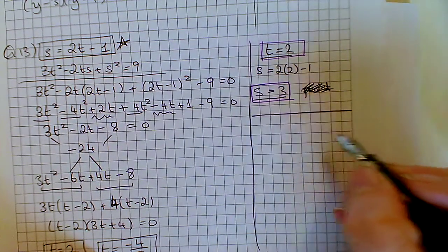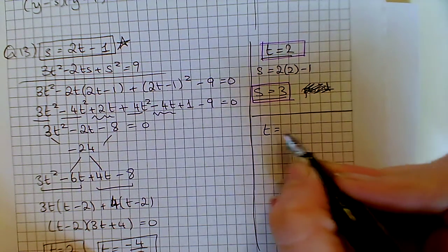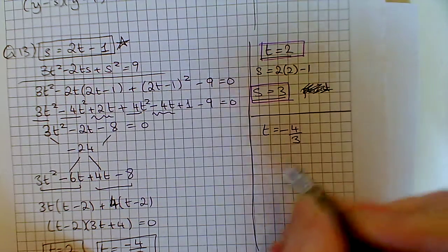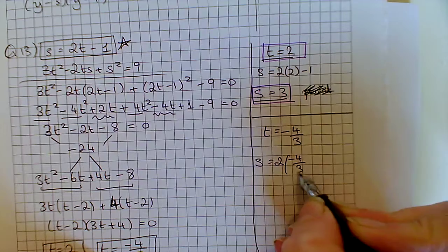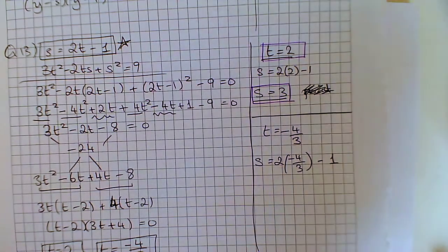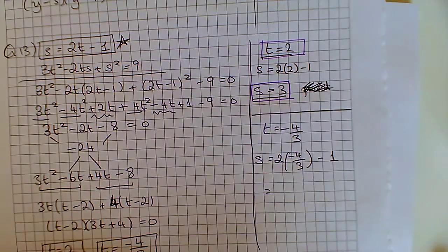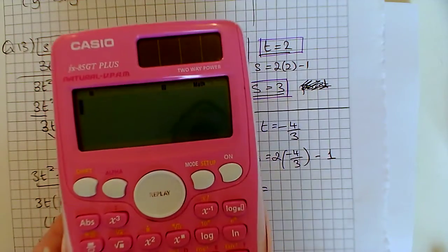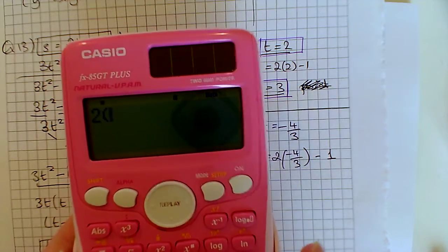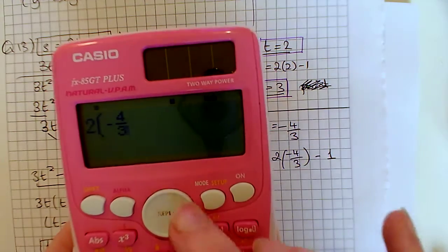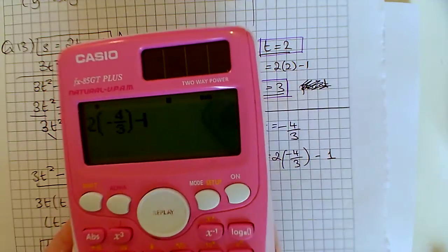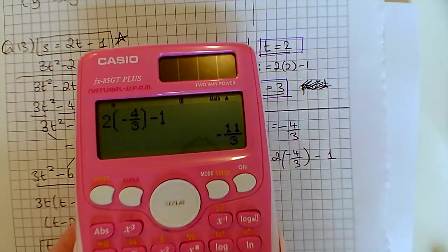And for the second one here, when t is equal to minus 4/3, s is equal to twice that, minus 1. You can just use your calculator for that. It's minus 11/3, I think, but let's find out. 2 bracket minus 4/3, close my bracket, take 1, and I get minus 11/3.